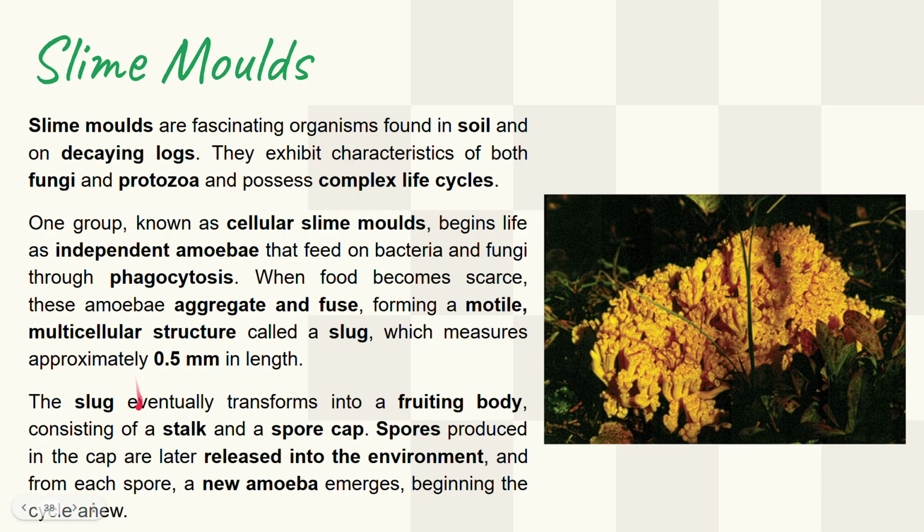The slug eventually transforms into a fruiting body consisting of a stalk and spore cup. Spores produced in the cup are later released into the environment, and from each spore, a new amoeba emerges, beginning the cycle anew. So that's how the slime molds reproduce, through spores.